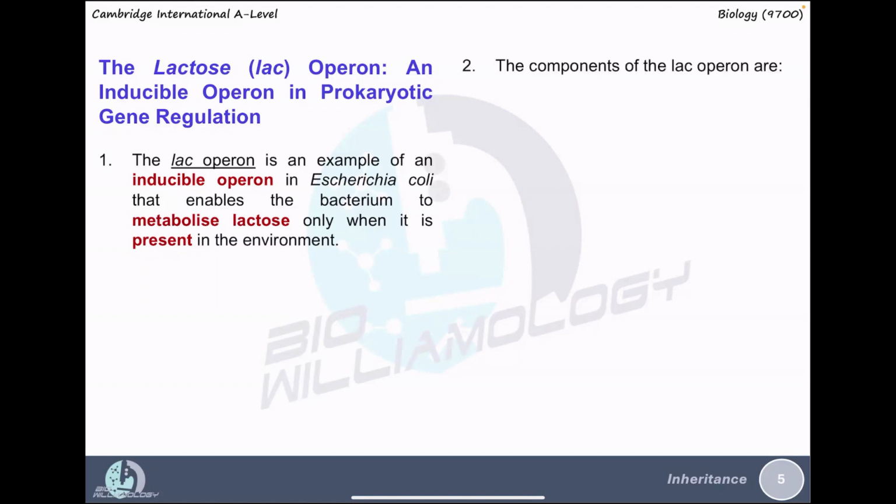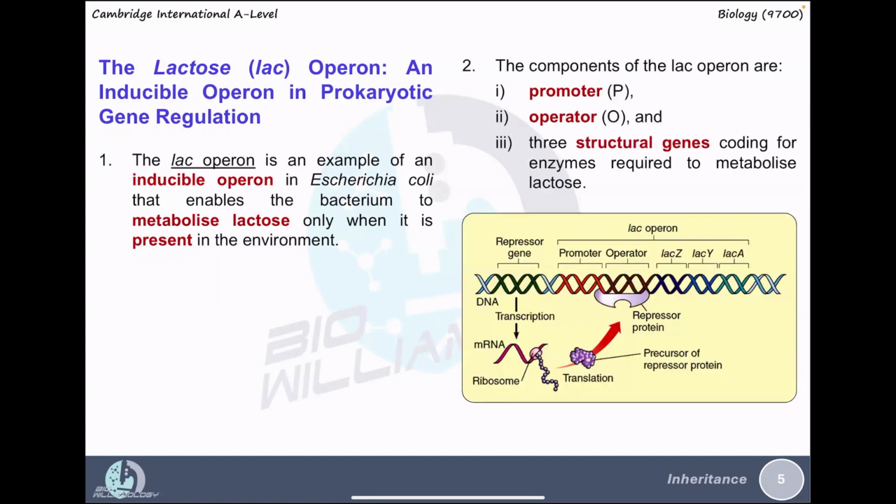The components of the lac operon are promoter, operator, and 3 structural genes. You can see in this diagram, the lac operon consists of promoter, operator, and 3 structural genes. They are lacZ, lacY, and lacA. At this moment, the operator is bound with the repressor protein produced, or coded, by the repressor gene or regulatory gene.